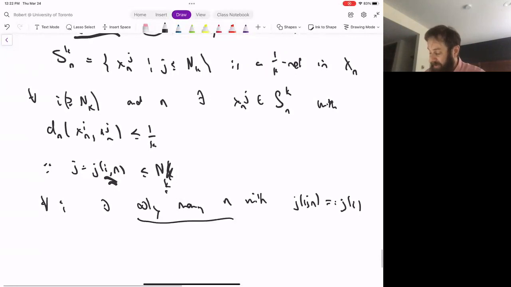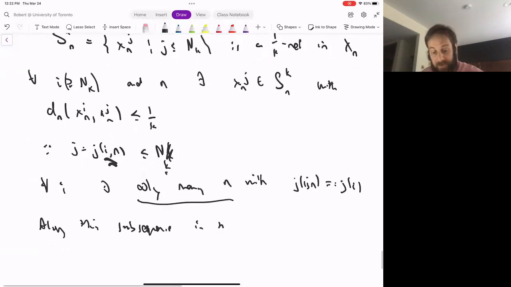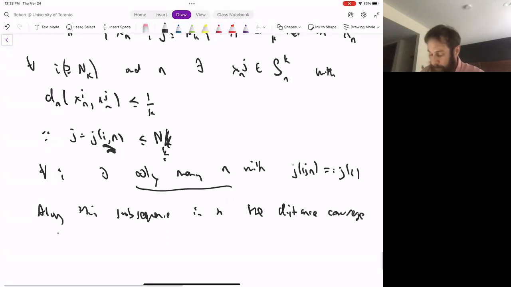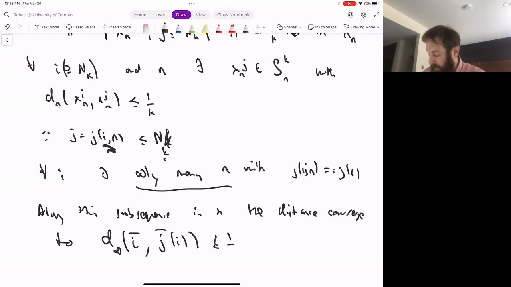So this is a subsequence in n, and along this subsequence the distances converge, between the equivalence class of i and the equivalence class of j bar of i, which is less than 1 over k.